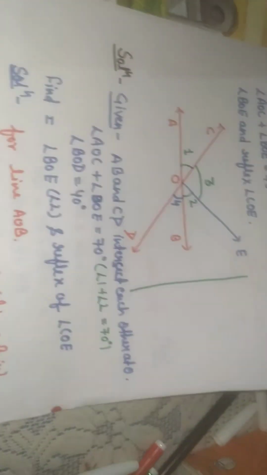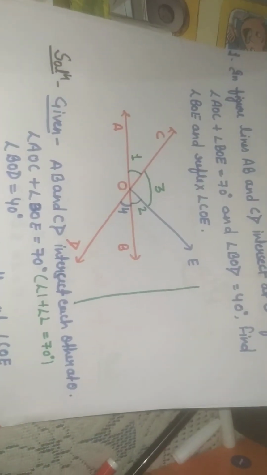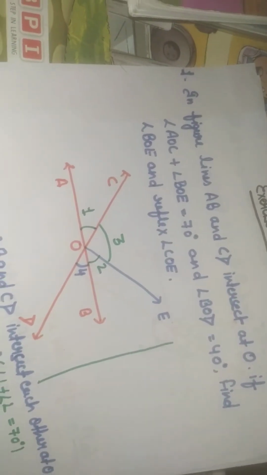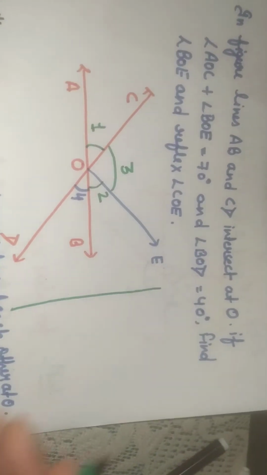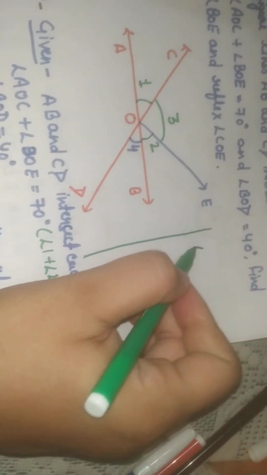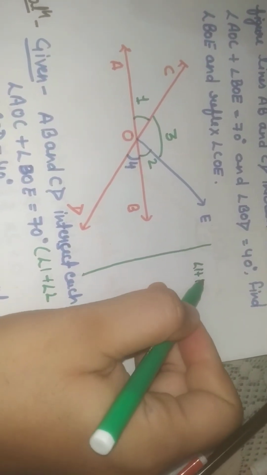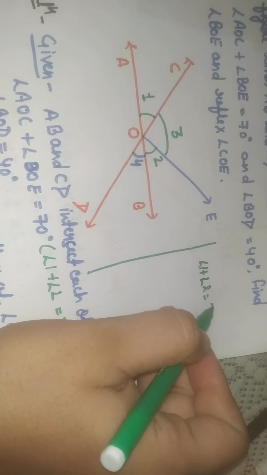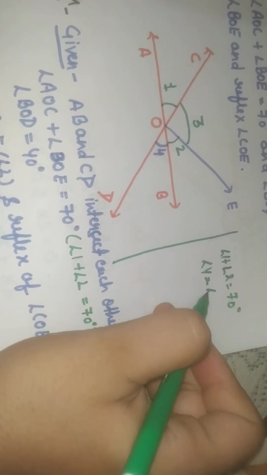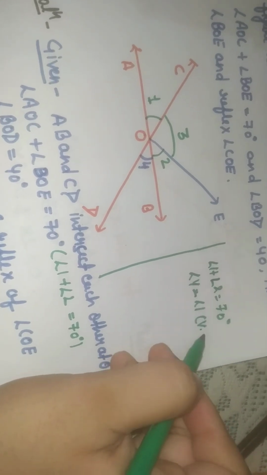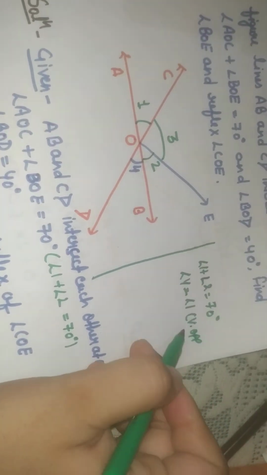Now we have to find out the angle BOE. So how will we find it? If you look here, it is given in the question that angle 1 plus angle 2 is equal to 70 degrees. But angle 4 is equal to angle 1, they are vertically opposite angles.